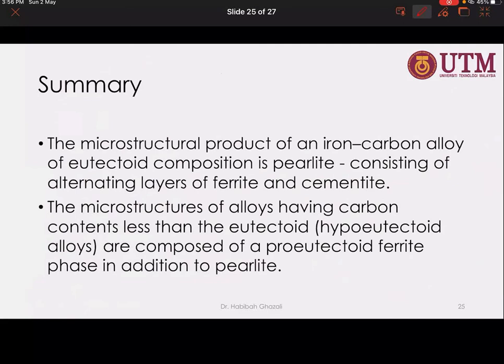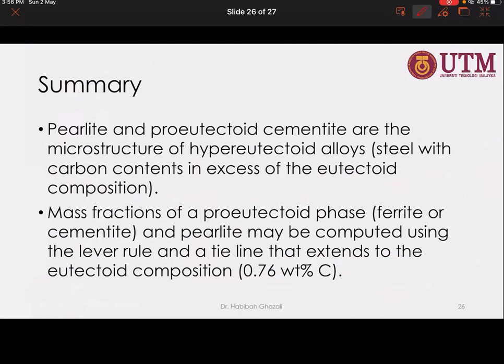In some carbon alloys, the eutectoid composition is pearlite, consisting of alternating layers of ferrite and cementite. The microstructure of alloys having carbon content less than the eutectoid, which are hypoeutectoid alloys, is composed of proeutectoid ferrite in addition to the pearlite. Pearlite and proeutectoid cementite are for the hypereutectoid alloy, where the carbon content is in excess of the eutectoid composition, meaning larger than 0.77% carbon.